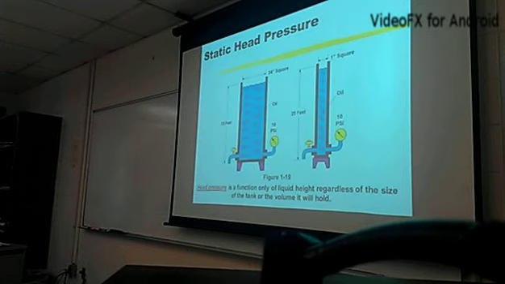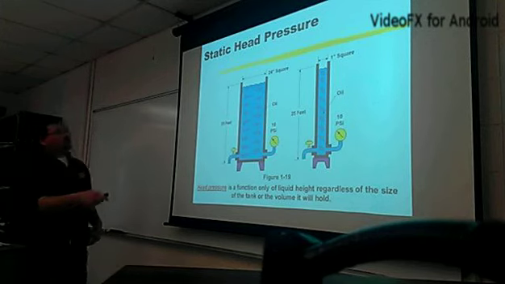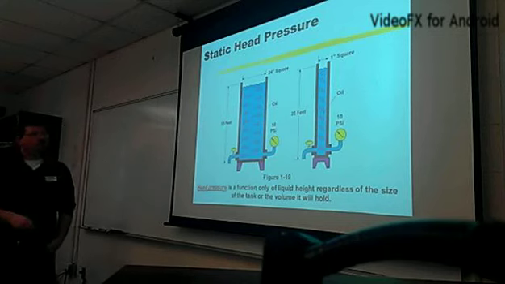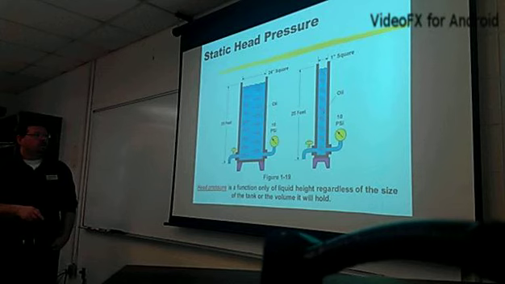Here we talk about static head pressure. Now, here we have this large column of water, 25 feet, or oil, and it's much larger, but at the bottom it has 10 psi.